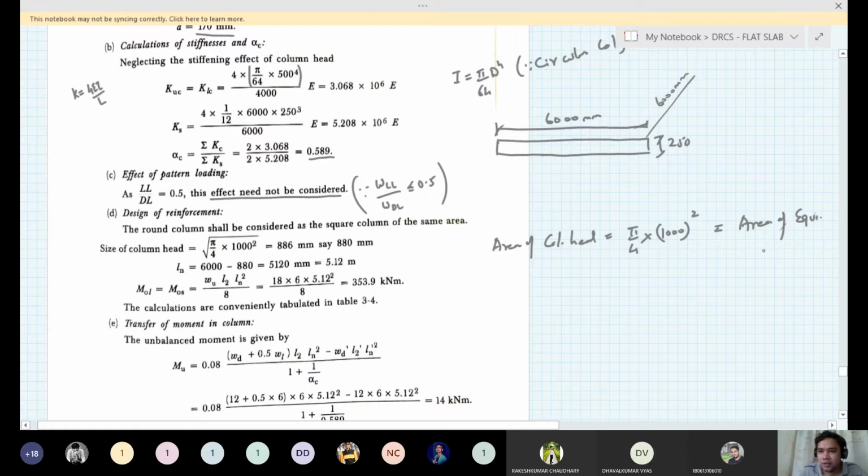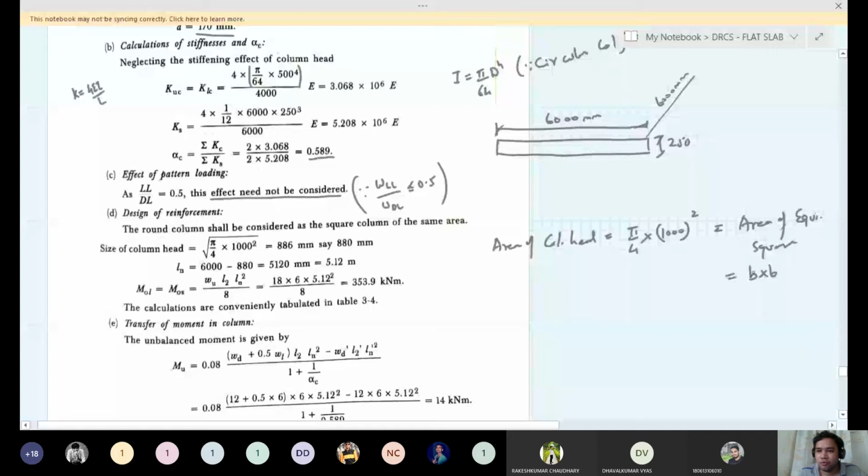If b is the width of the square, then the area is b squared. So b equals square root of pi by 4 into 1000 squared. So you will get the width of the square as 886 mm, or let us say 880 mm.